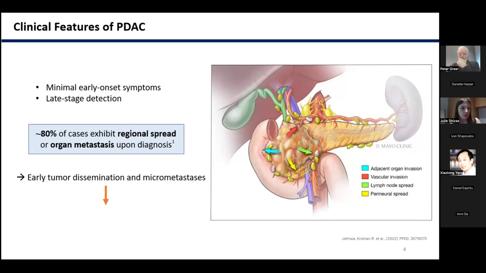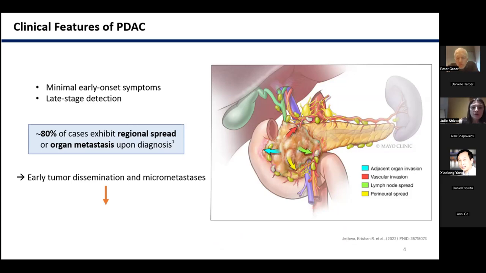There are 4 major ways in which PDAC cells can disseminate. There's adjacent organ invasion, one of the most common areas being the small intestine. There's vascular invasion, which we've all heard of, lymph node spread, and then one mechanism that's a little bit less known, which is called perineural spread, where tumor cells actually disseminate along nerves.